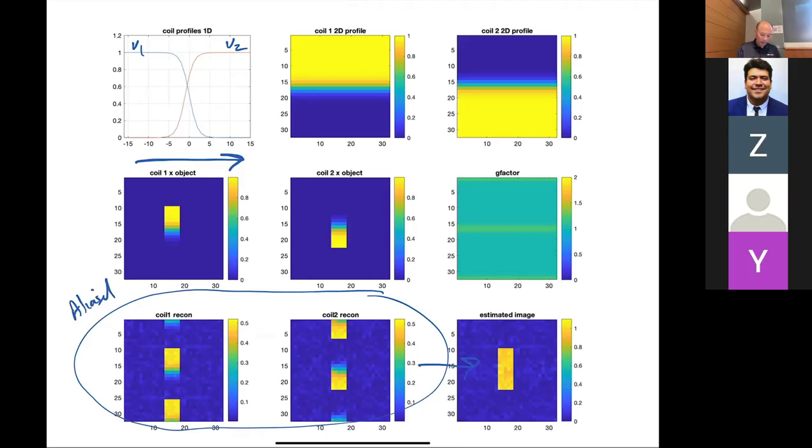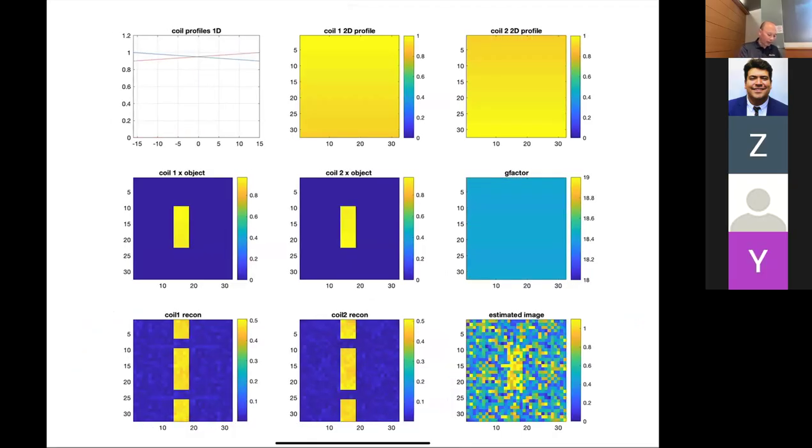And when I go to solve for my answer, I get this image here, which looks pretty good. I've added noise, so it's a fair case. So noise will get amplified, but that looks pretty good. And the way we measure it is something called the g-factor. Ideally it's one, and in this case, it's pretty close to one. And so we think, okay, we've done a pretty good job of not amplifying noise.